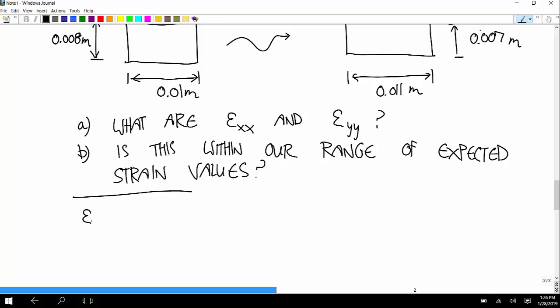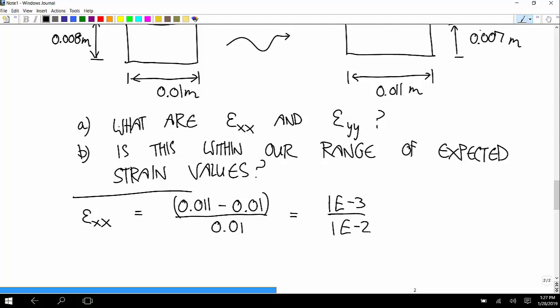Okay, so epsilon xx is the deformed x length, 0.011, minus the initial x length, 0.01, divided by the initial. So that's 1 times 10 to the minus third over 1 times 10 to the minus second.